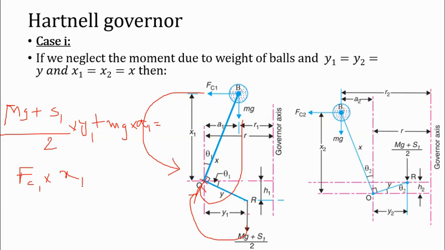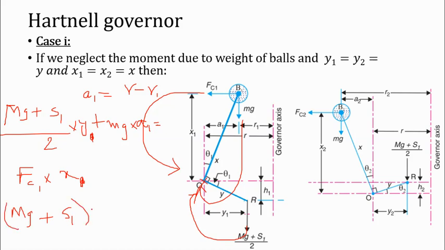So this is the equation, and we know that a1 is equal to r minus r1. Fine. So if x1 is equal to x and y1 is equal to y, we can write this y1 as y and x1 as x.